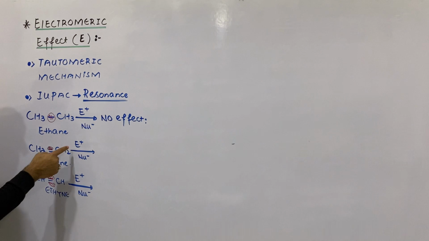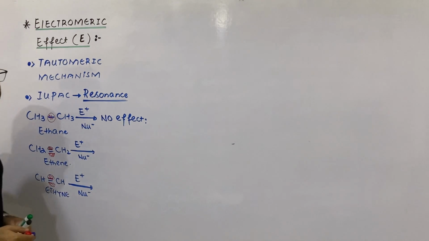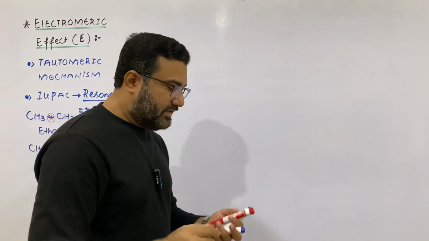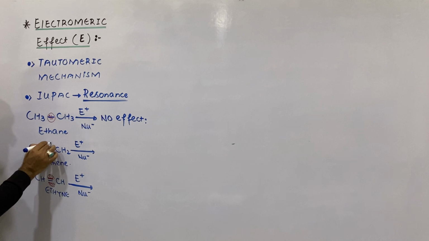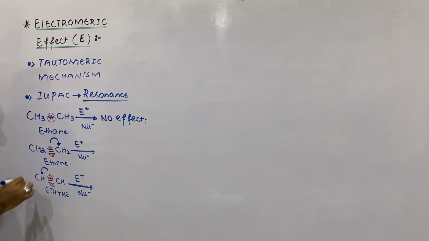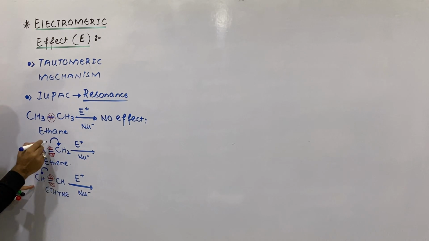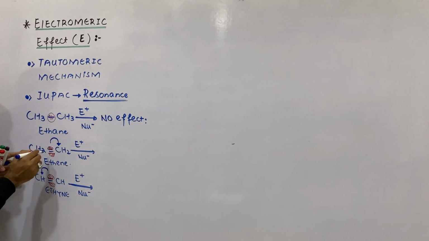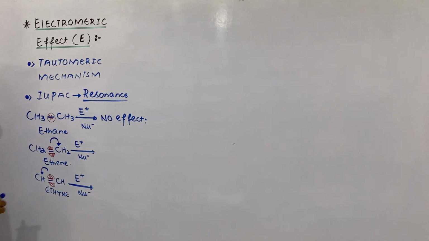When the electric field of the attacking reagent interacts with the pi electronic cloud of these unsaturated molecules, the pi electronic cloud gets disturbed and is shifted to any one of the two bonded atoms. Here the two bonded atoms are the same, so the pi electronic cloud can be shifted in either direction.